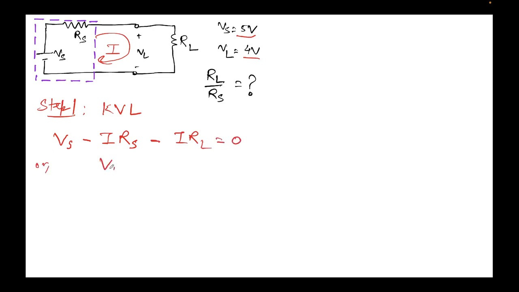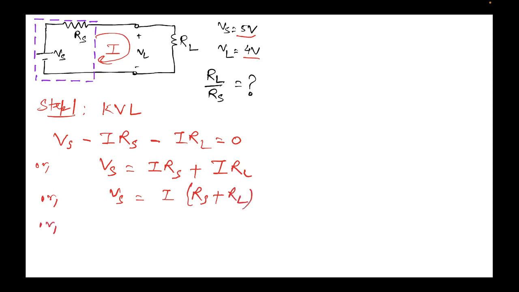Rearranging, Vs equal to I Rs plus I RL, or Vs equal to I times Rs plus RL. From here, we can obtain the value of current flowing through the loop, I equal to Vs over Rs plus RL.